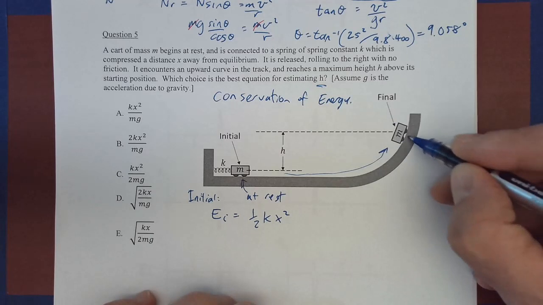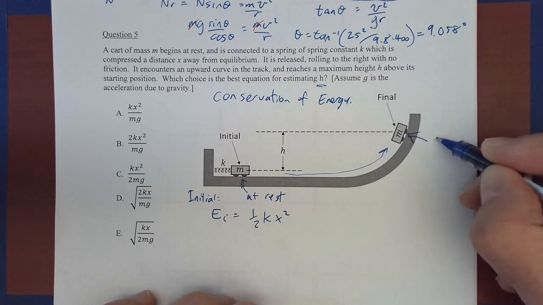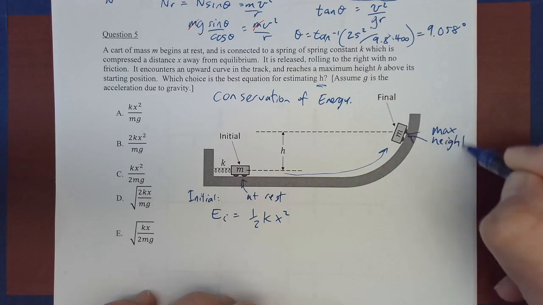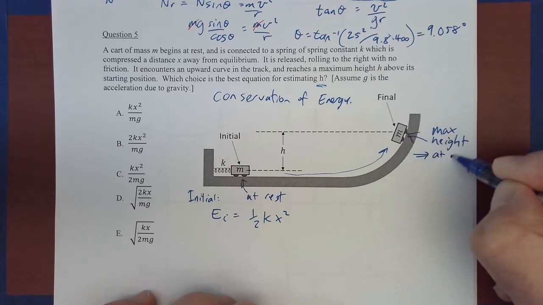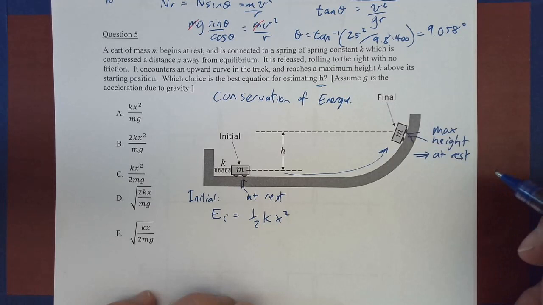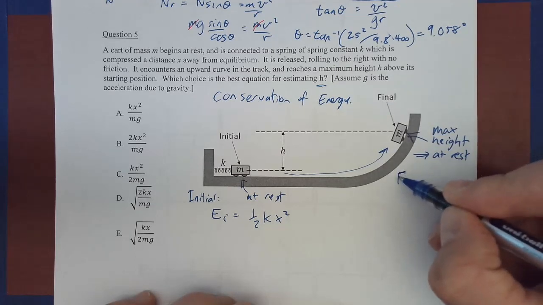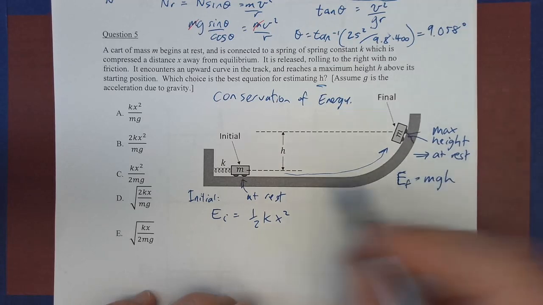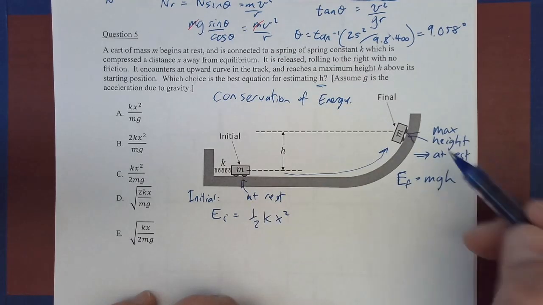And then what happens here is that if it's at maximum height, this is also at rest, because that's where it's going to turn around. So E final is just going to be m times g times h, because the spring is uncompressed and it gets to its maximum height.